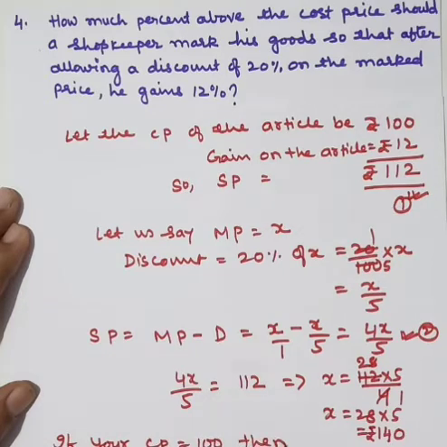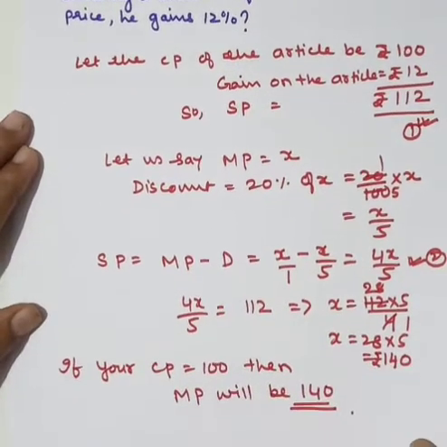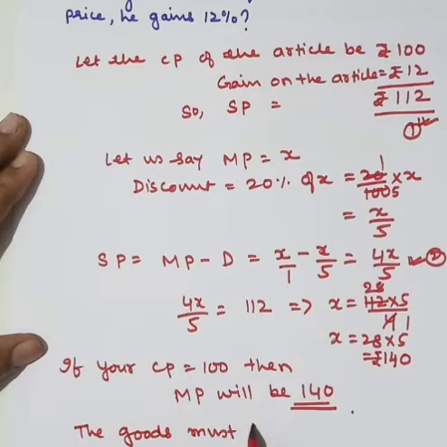then MP will be equal to 140. So this shows that the goods must be marked 40% above CP.